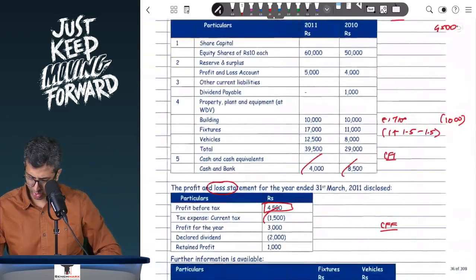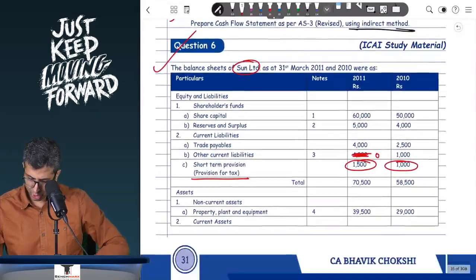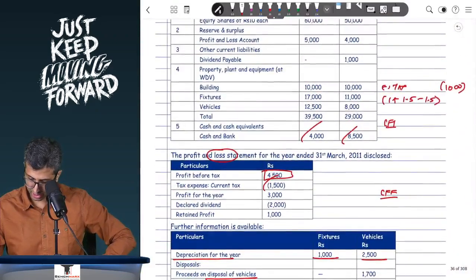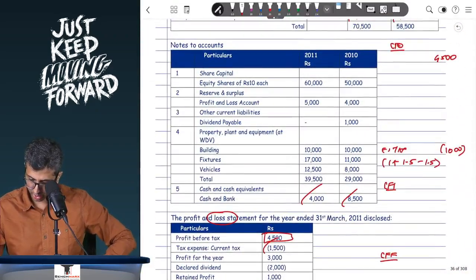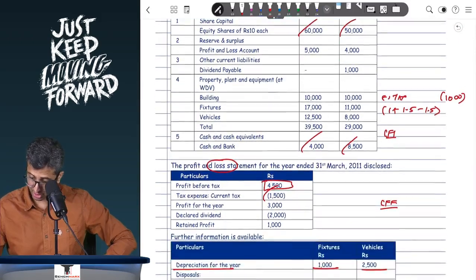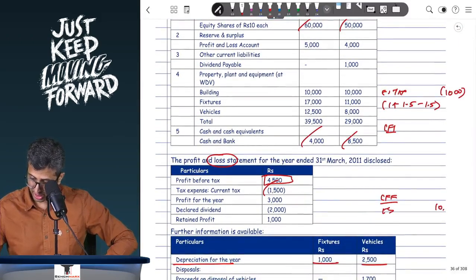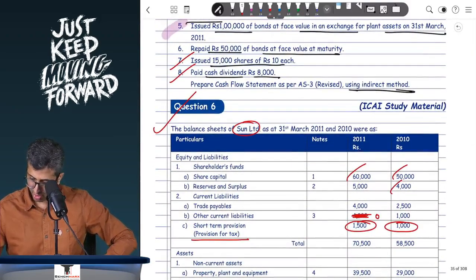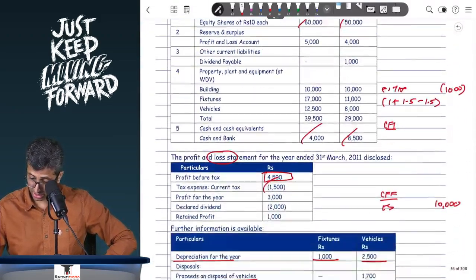Okay, other than that, now what will you do? One by one, you look at every other balance sheet item. So you look at share capital goes from 50 to 60. Do you see any reason? Note 1, equity shares 50 to 60. This must be financing. Equity shares 10,000 positive. Then you go to reserves and surplus. 4 to 5 is an increase of 1,000. Where did the increase come from?